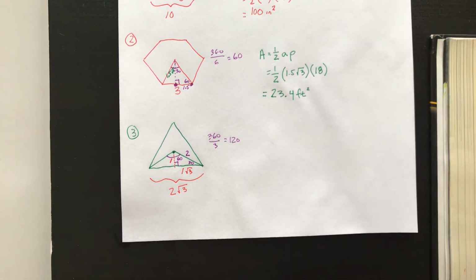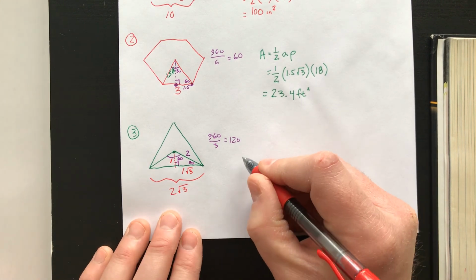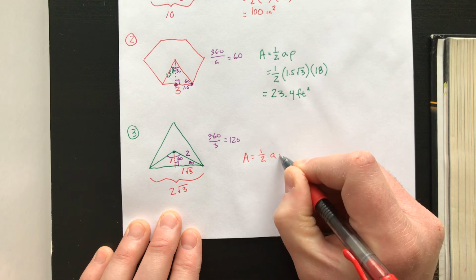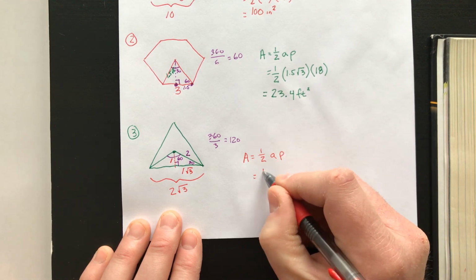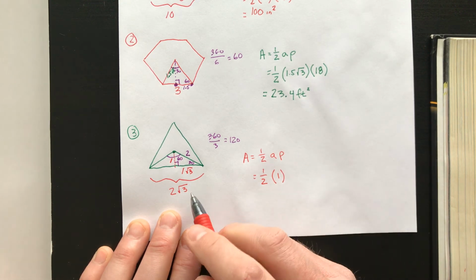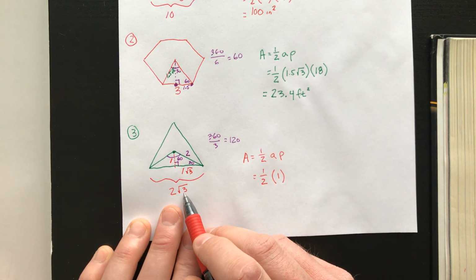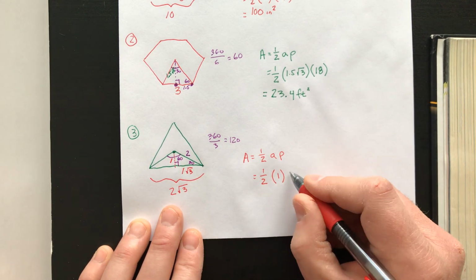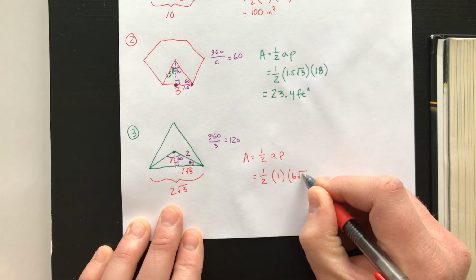So area is equal to 1/2 AP. So 1/2, my apothem is 1. My perimeter is 2 square root of 3. But there's 3 sides. So 6 root 3.